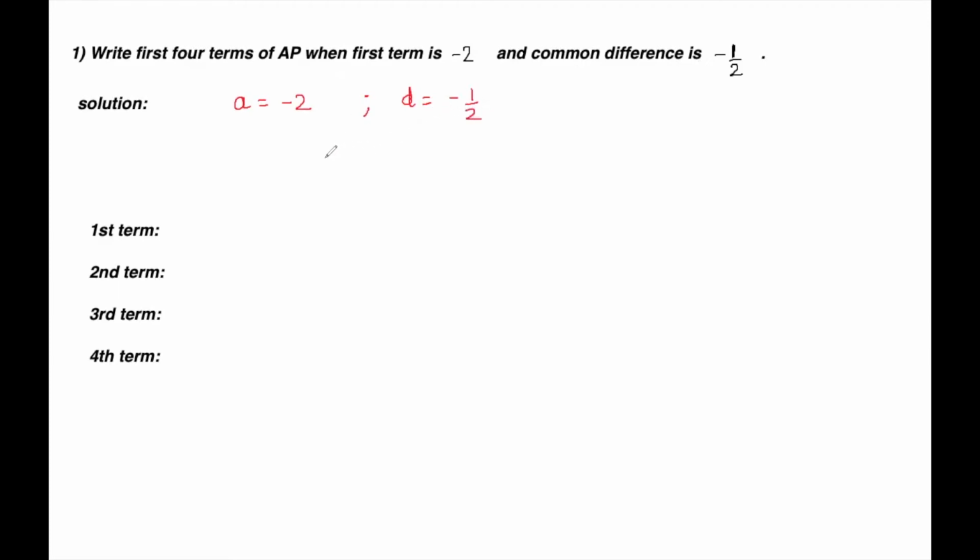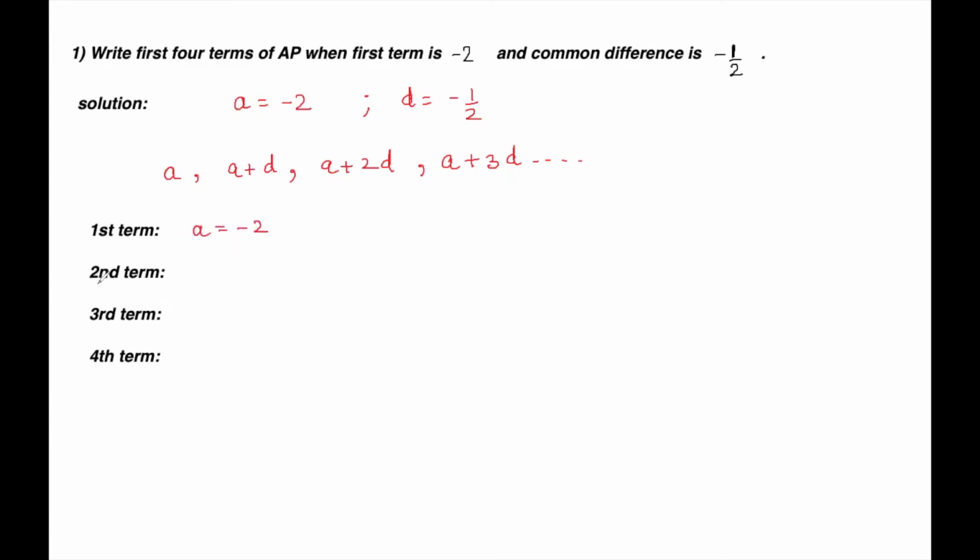Also, we know that the series of AP goes like A, comma, A plus D, comma, A plus 2D, comma, A plus 3D, and so on, right? Where A is the first term, A plus D is the second term, A plus 2D is the third term, A plus 3D is the fourth term, right? So we already have the first term, that is equals to A equals to minus 2.